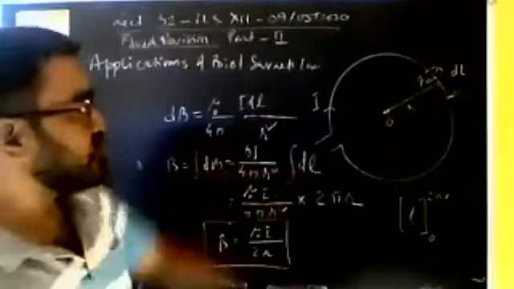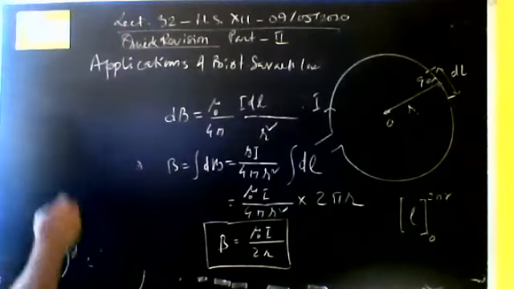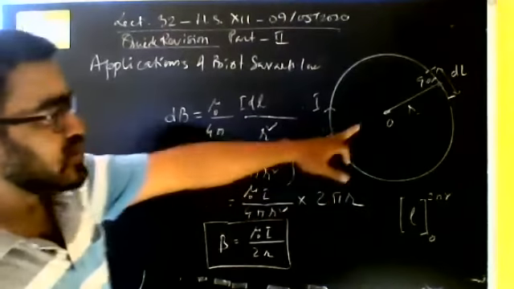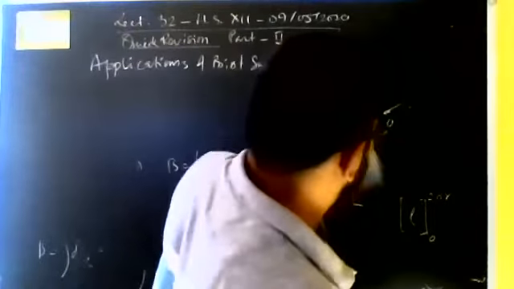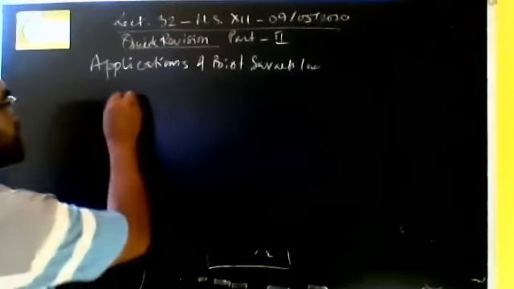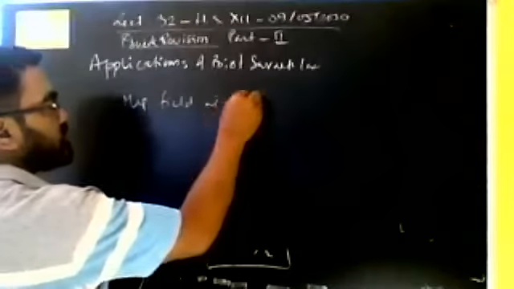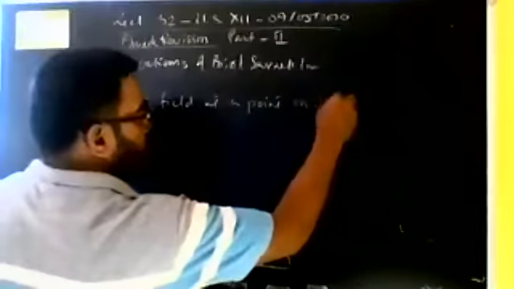At the center we found it, and after that, what did we find? One application is to find the magnetic field at the center. Another application is, what was the other application? The magnetic field at a point on the axis.